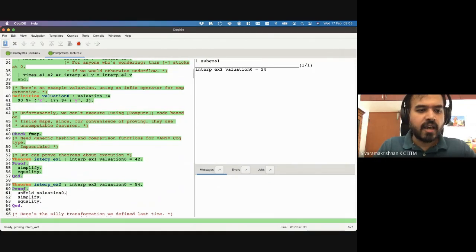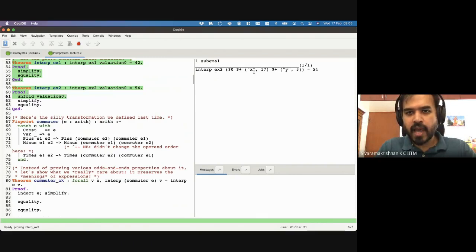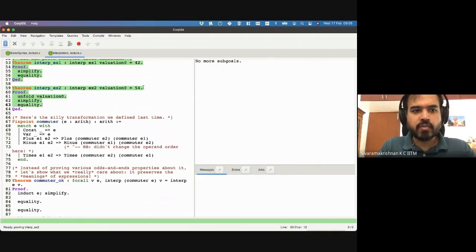Again, recall that whenever you have a definition that you want to prove something on, you use the unfold tactic, right? If you go back to the previous lectures, if you search for where we've used unfold, the arguments to unfold would have been definitions. So if you unfold valuation 0, you just get the map as is, right? And if you simplify, you get 54 equals 54, so we can prove equality, right?